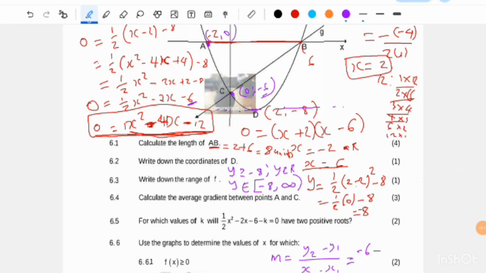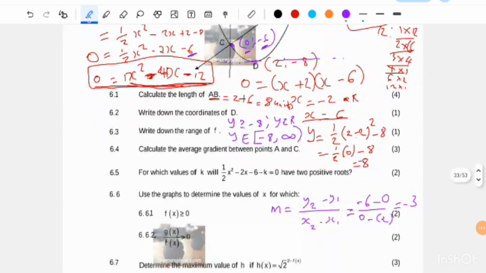So it will be -6 minus 0 over 0 minus -2. Therefore, what is the answer? The answer will be -3. So that will be your gradient.